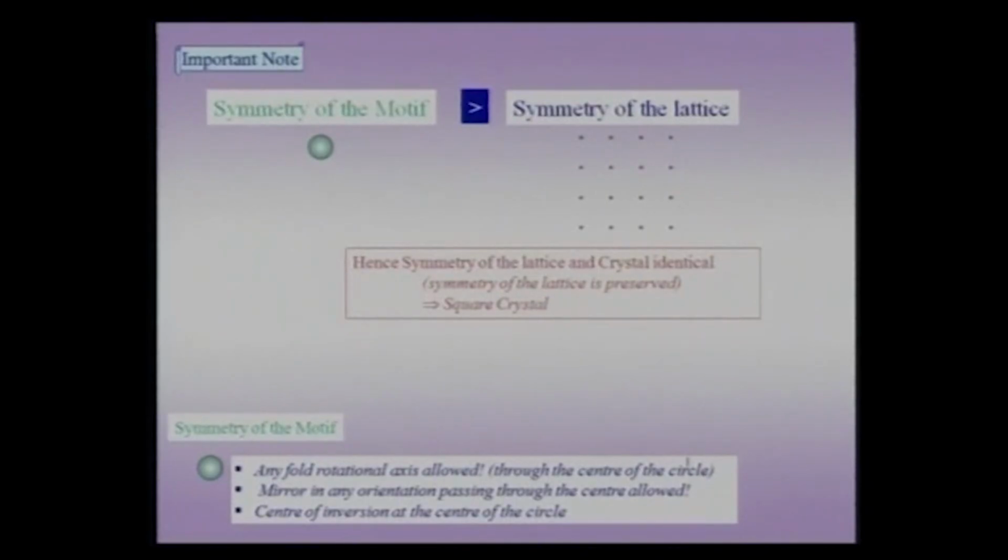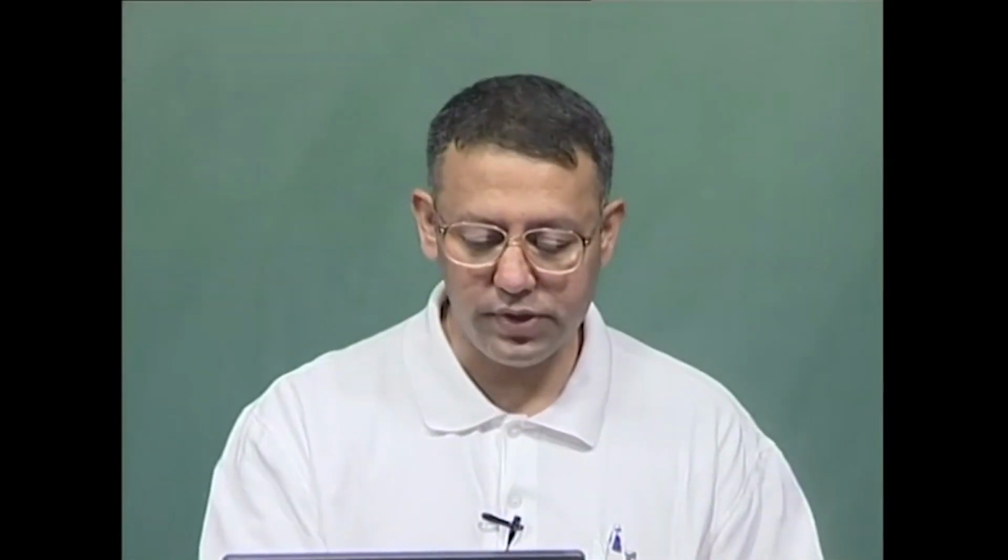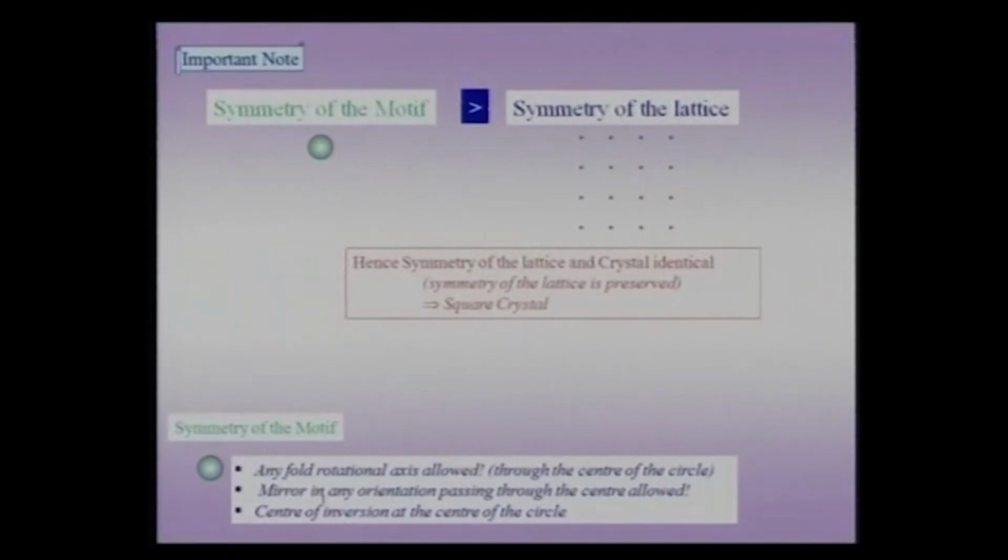We also notice that a mirror in any orientation passing through the center is also allowed for a circle. Therefore, the circle is one of the most symmetrical objects in two dimensions, and additionally you can also conceive of a center of inversion at the center of the circle. Of course, we had pointed out this before, that in two dimensions we do not have to invoke the concept of an inversion, but in any case we see that a center of inversion also is present at the center of the circle.